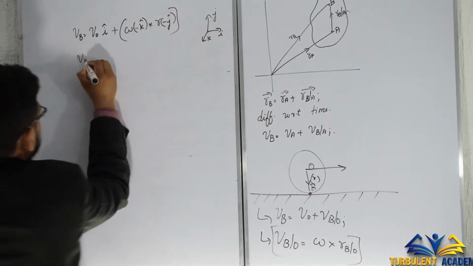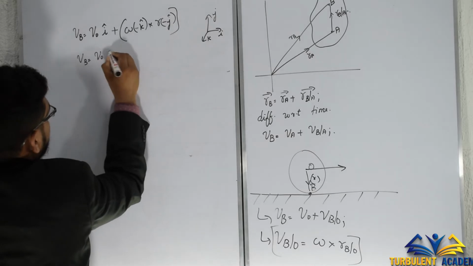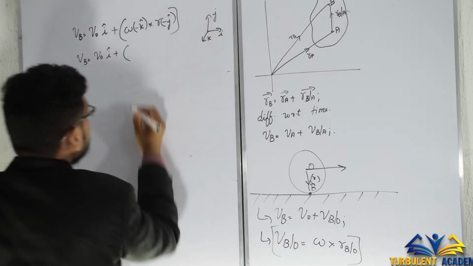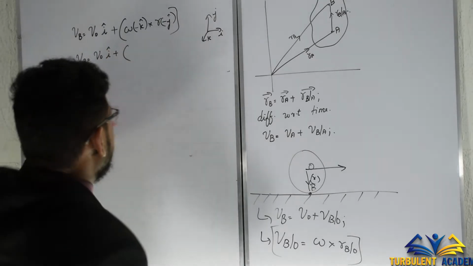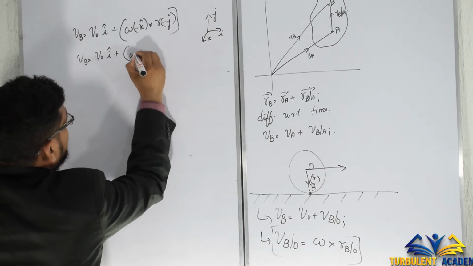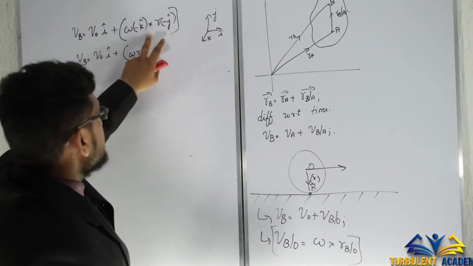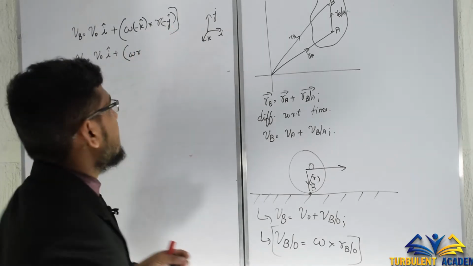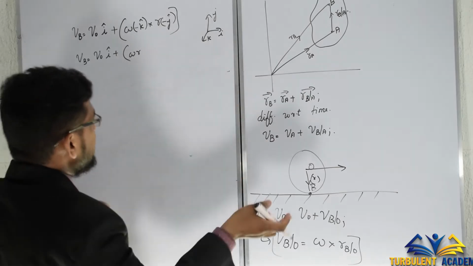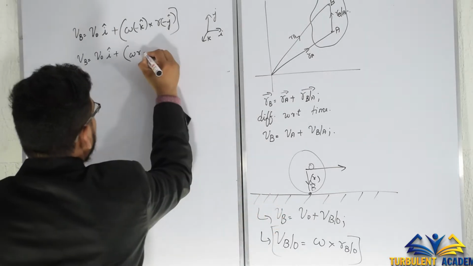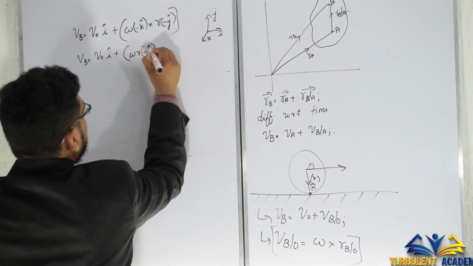It's going to be very, very simple. V naught into I cap. We have two minuses, so it's going to be plus omega r. I'm going to multiply: k into j unit vector gives k into j is minus, right? So minus I unit vector.